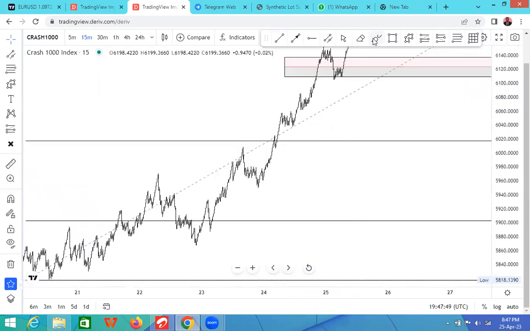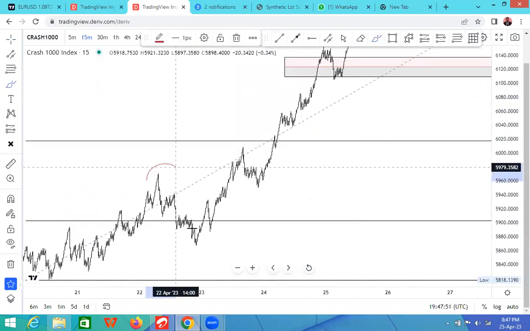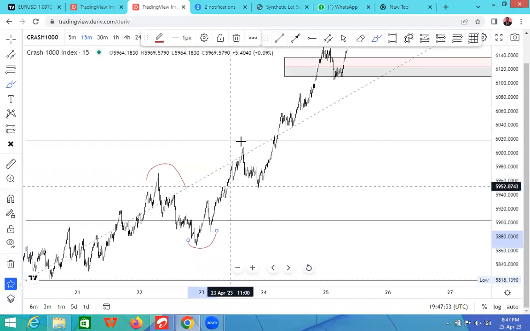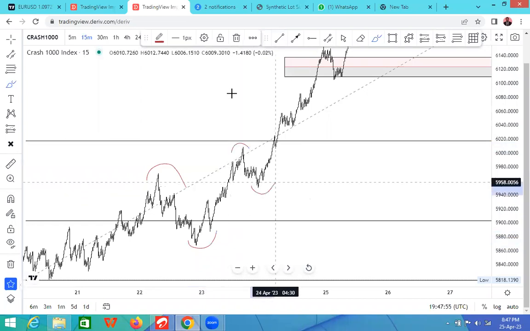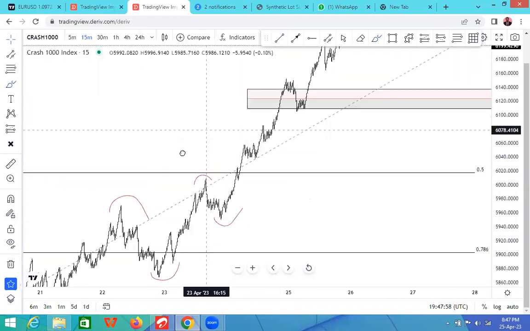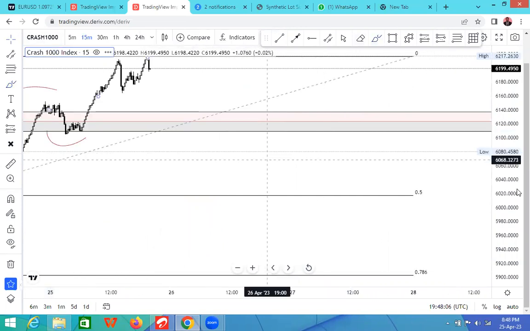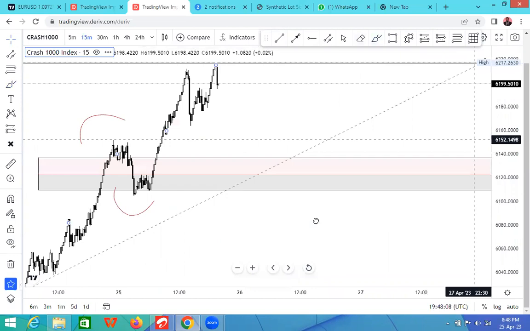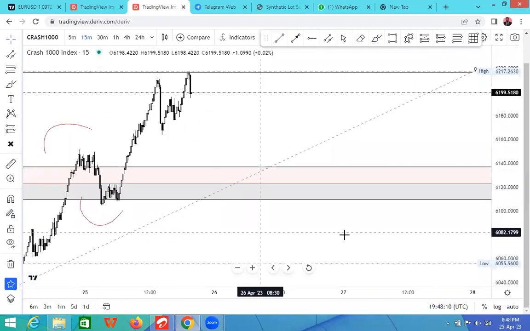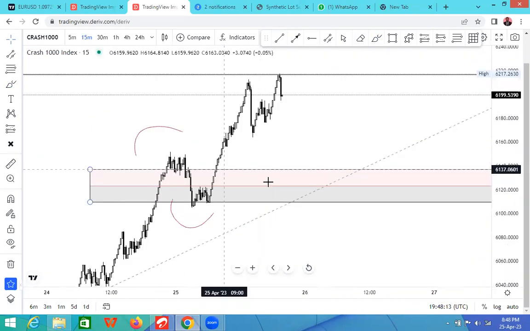Let's see. This is structure on 15 minutes. A high, a low, a high, a low. And the next we had was this high created, and this was a low. You see that now in the 15 minutes. So if you are playing the 15 minutes range for buy continuation, this would be a good place price should come to rest.